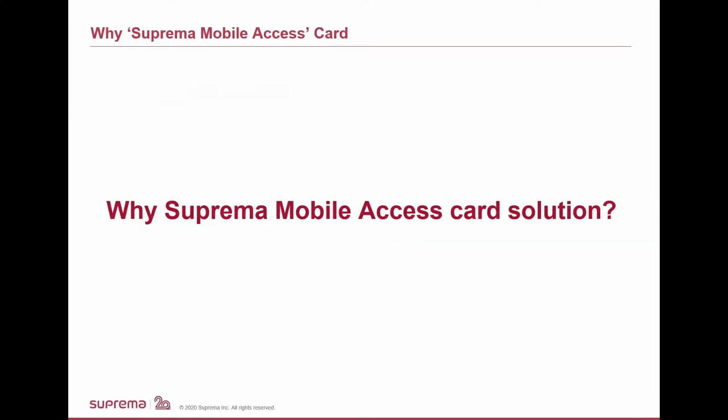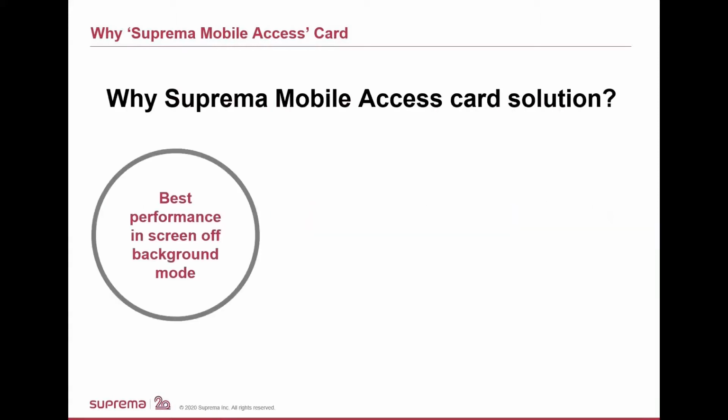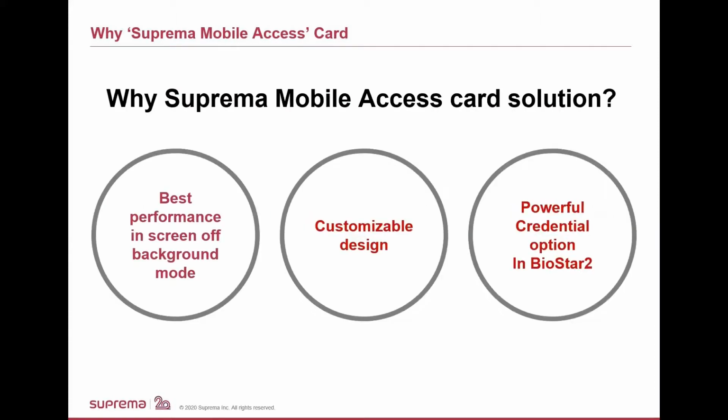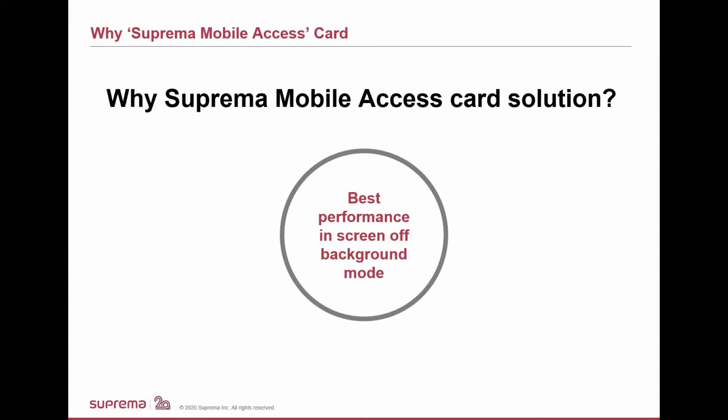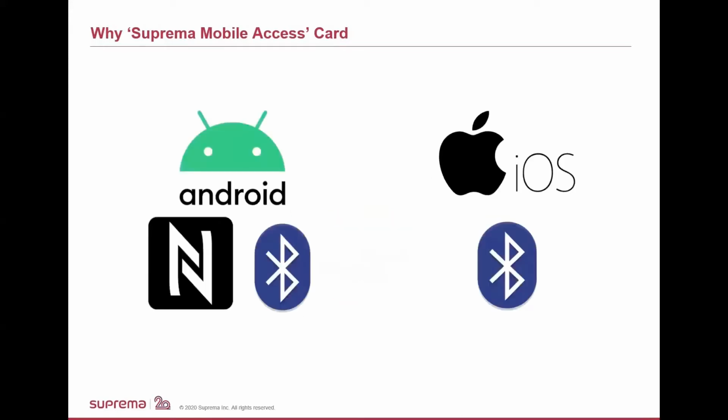Then why Suprema Mobile Access Card solution? We can tell you there are 3 reasons. The first reason is that we have the best performance in the screen off background mode. Until now, to use the mobile access card on both Android and iOS, NFC and BLE are the options you can use on Android devices.